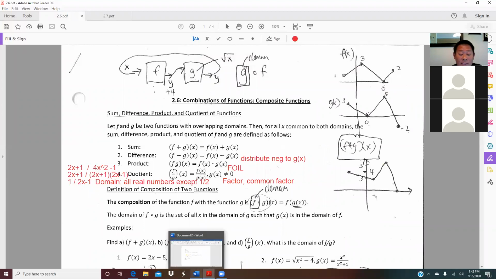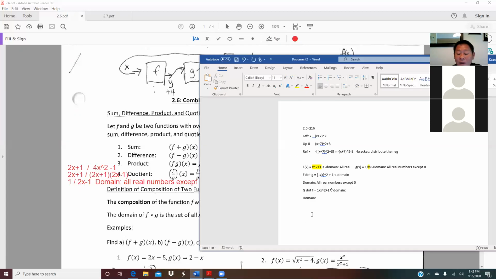The same type of question is here: we take x squared plus 1 and make it equal to 0. When you solve for x, first we subtract 1, so you get x squared equals minus 1. Then when you take the square root of it, you find you have a square root of -1.